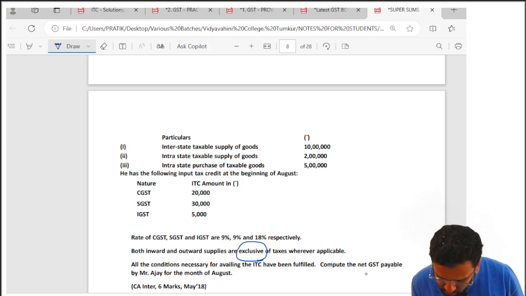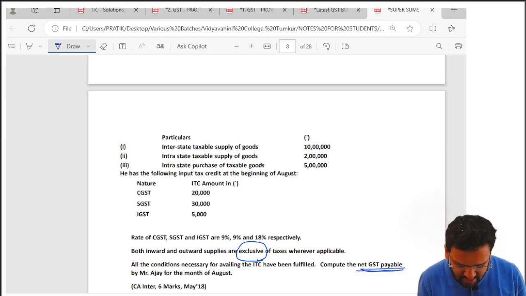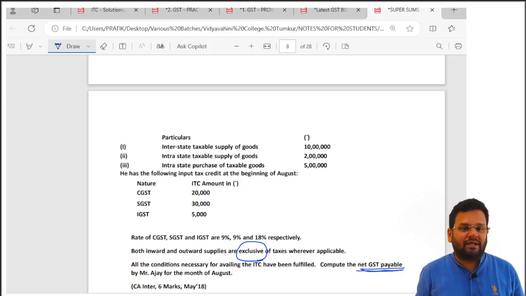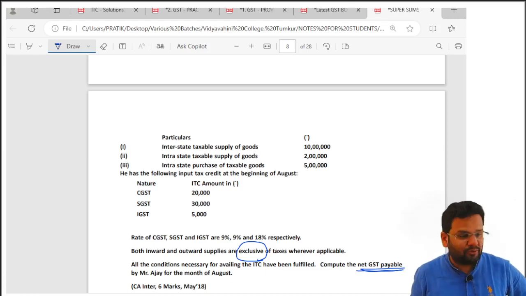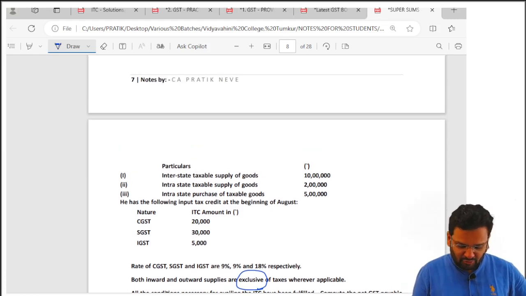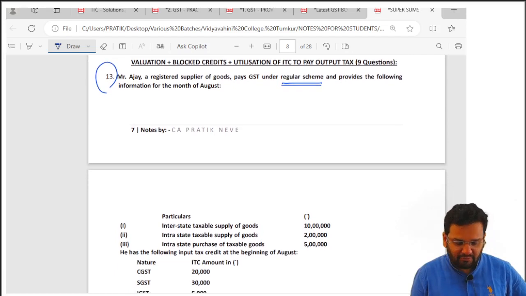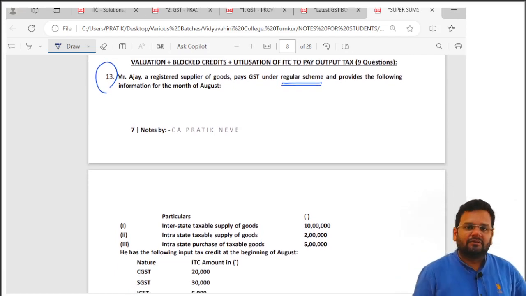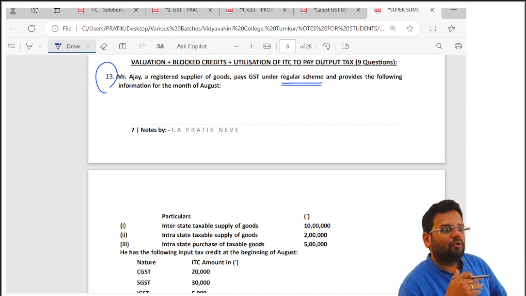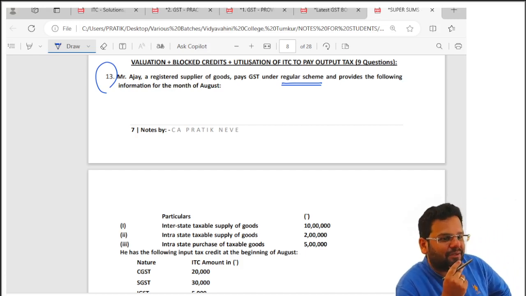You have to compute, underline, net GST payable. It was asked for 6 marks in May 2018. So 6 marks question. Can we try it together? Chalo. So how to understand net GST payable we have to calculate.